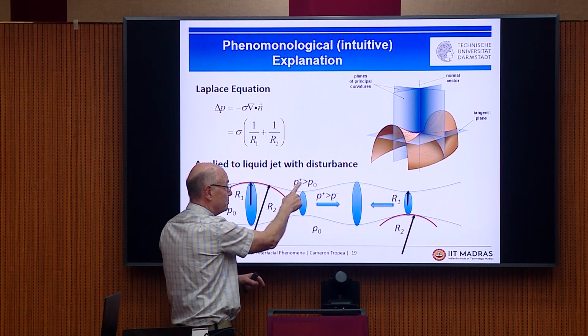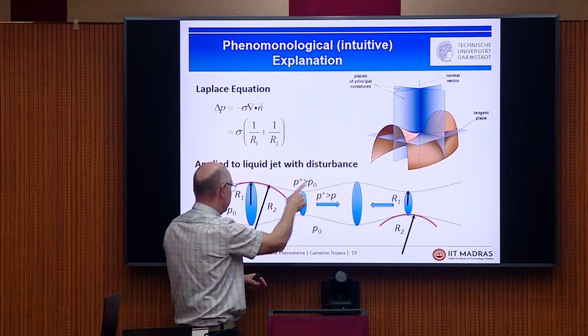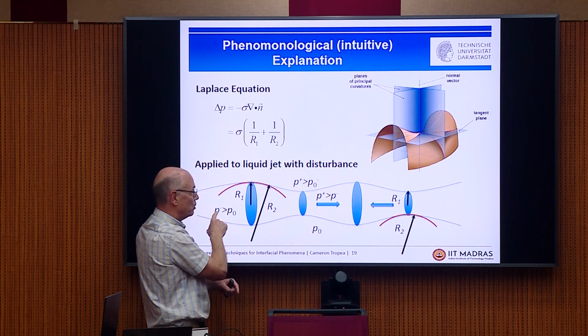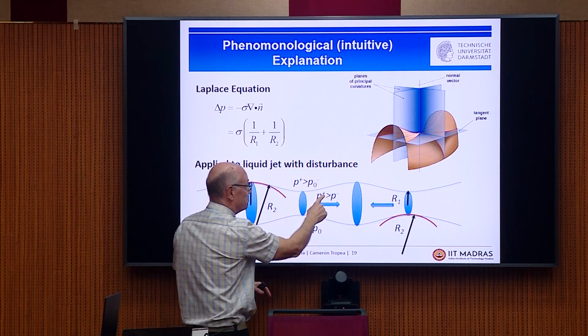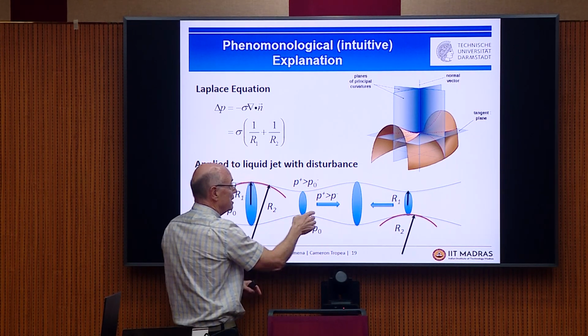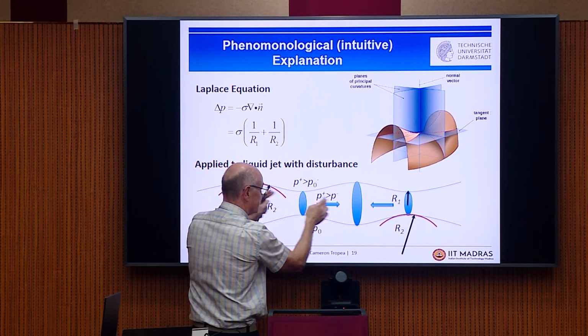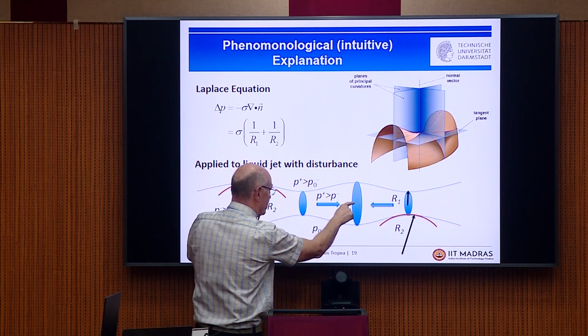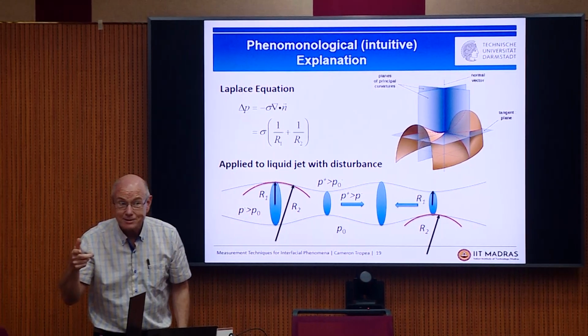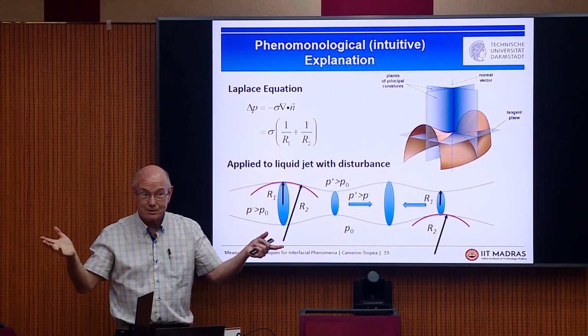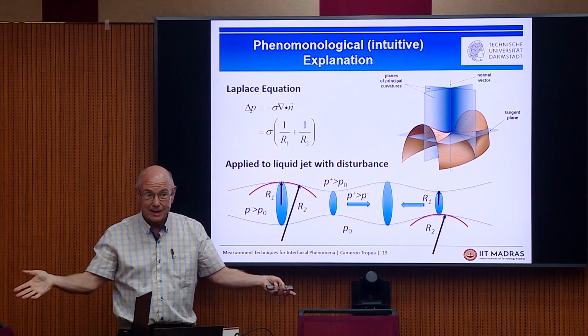So I've put P plus is higher than P minus. This 0 should be, no, I put it here. No, that's correct. Now that's correct. So that means the pressure here is higher than the pressure here, so the flow wants to go like that. And that increases the deformation. It's unstable. That's the instability.